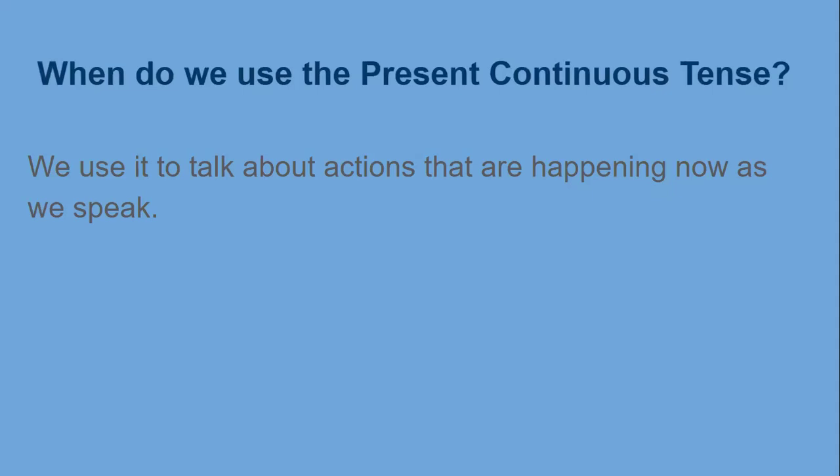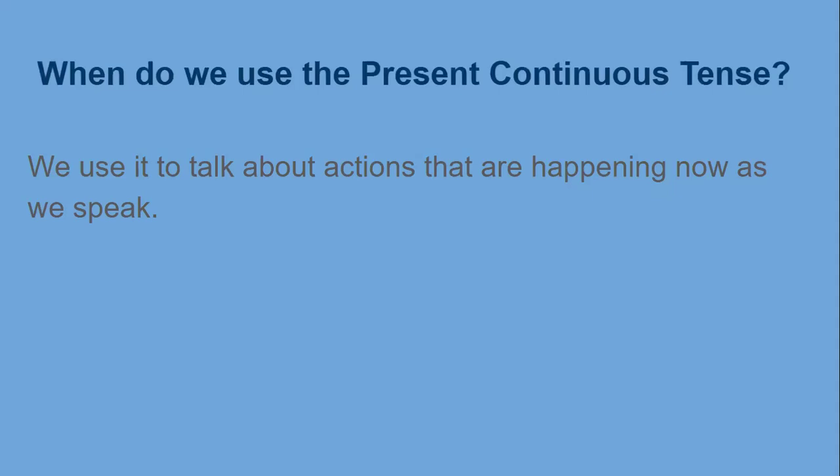Not necessarily the actions that we are doing now, but the actions that we do as part of our routine, as part of our habit, right? Repeatedly at certain times or moments, right?